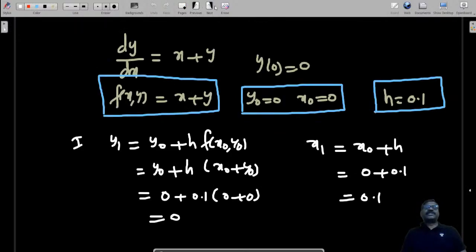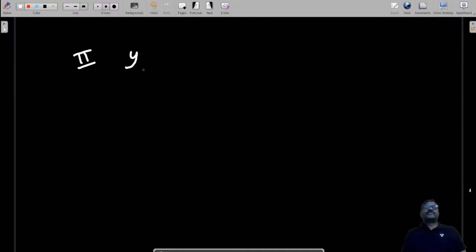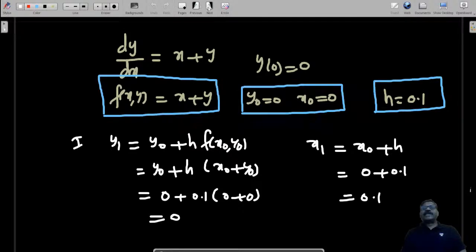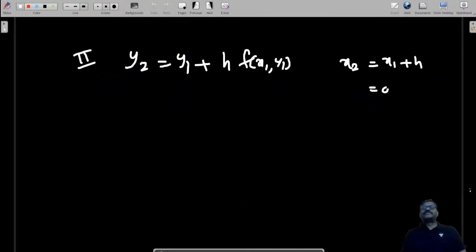Now second iteration is y2 equal to y1 plus h of function of x1 y1. x2 equal to x1 plus h, x1 is 0.1, h is 0.1, that is 0.2.